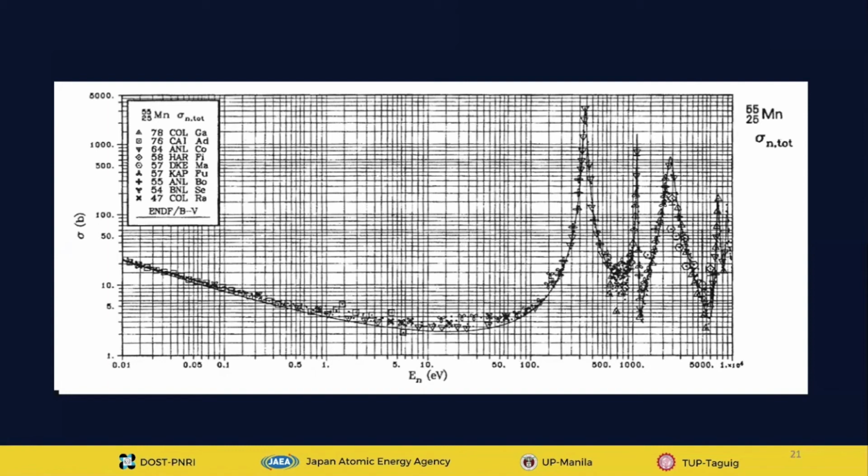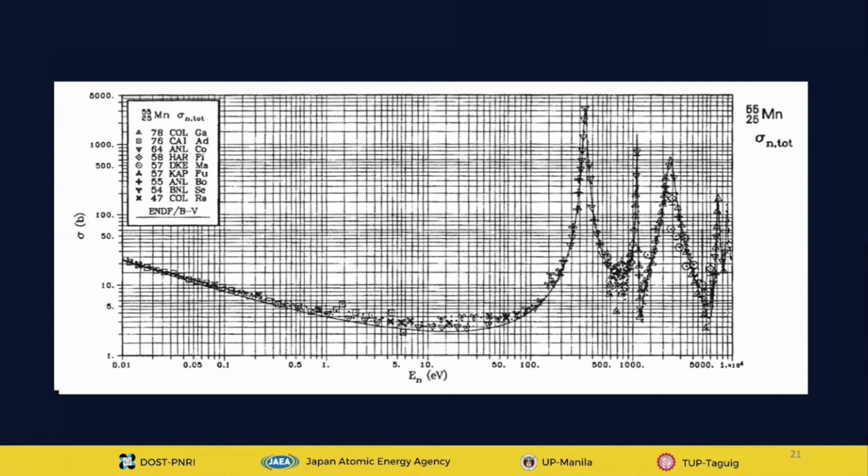Most nuclides display both the inverse relationship of energy or velocity on cross-section, just like this one here, and the resonance effects over the entire possible neutron energy spectrum, such as this plot here.